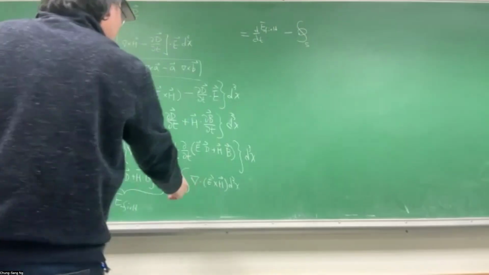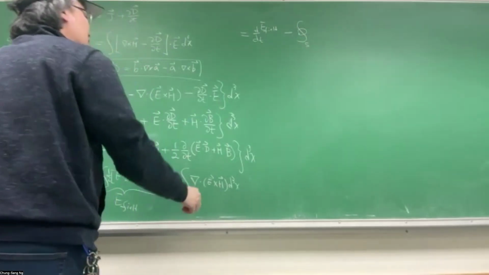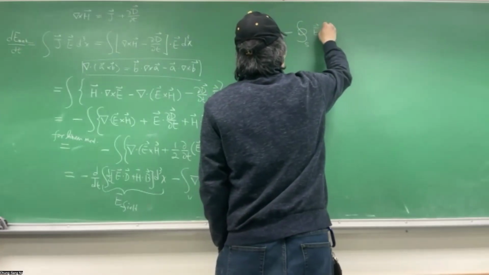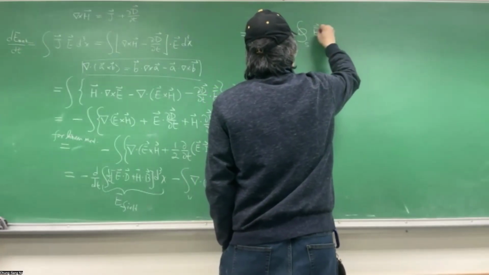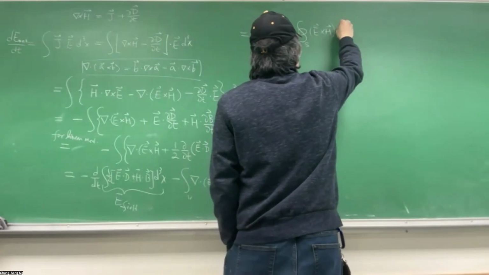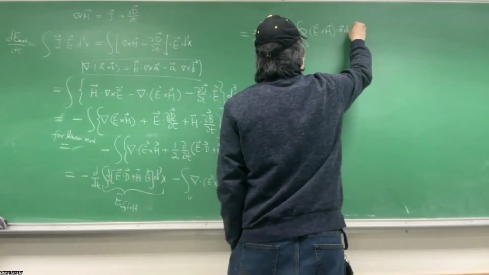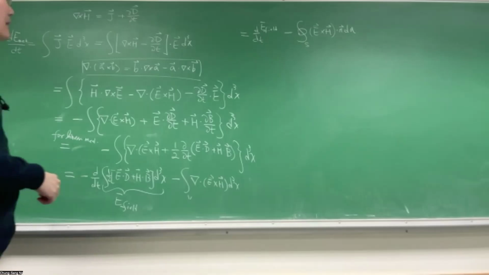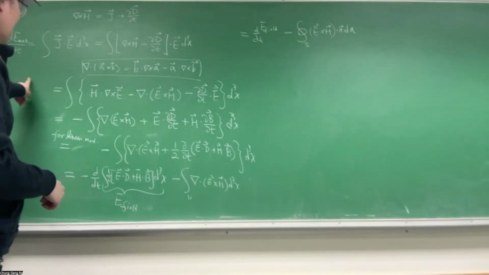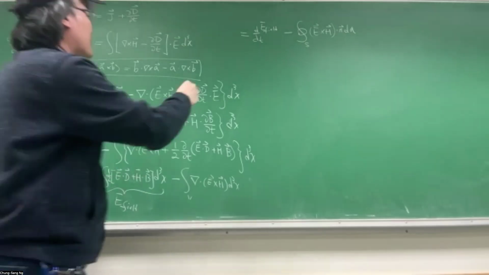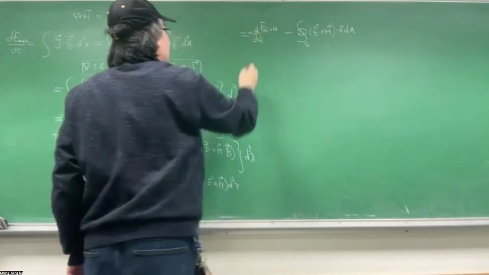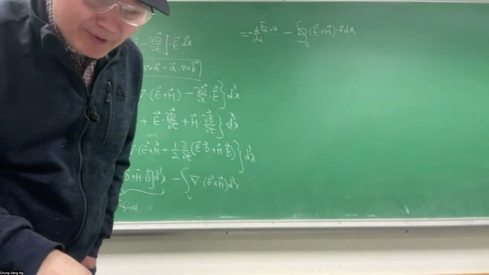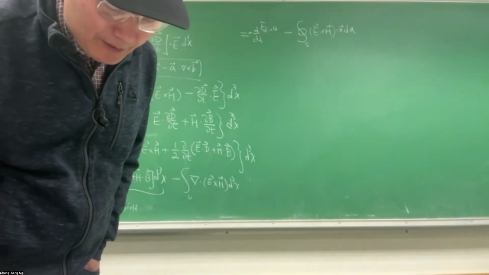Whatever the volume, we first define the volume. This is the surface of that volume. E cross H, and into the normal direction, area integration.